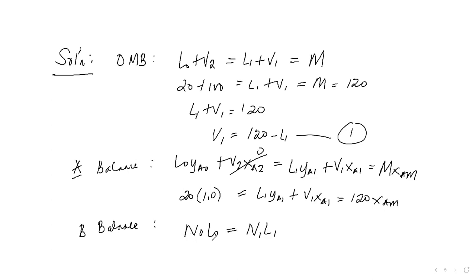So we will get now the N0 in the feed. I will just write it here, using a different ink so that everything will be just in one page. So you will have N0, the concentration of the solid in the feed.